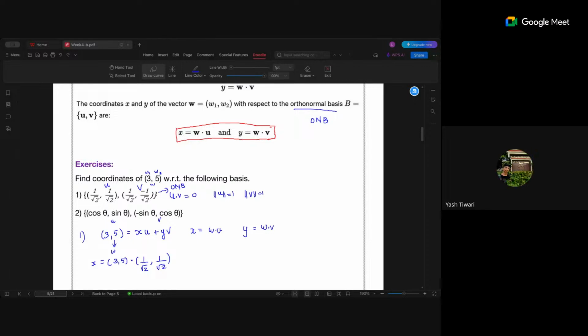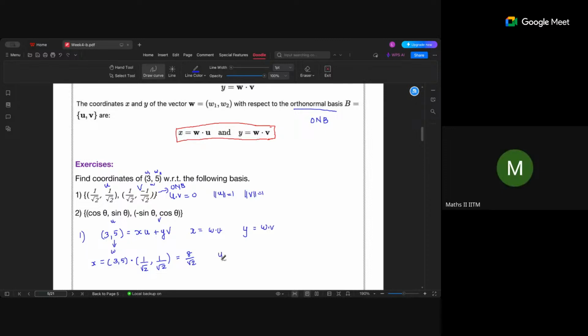3 by root 2, comma 5 by root 2. Is it comma? We are doing a dot product. Oh, sorry. 3 by root 2 plus 5 by root 2. So what's the answer? 8 by root 2. Okay, it's 8 by root 2, which is 4 root 2.